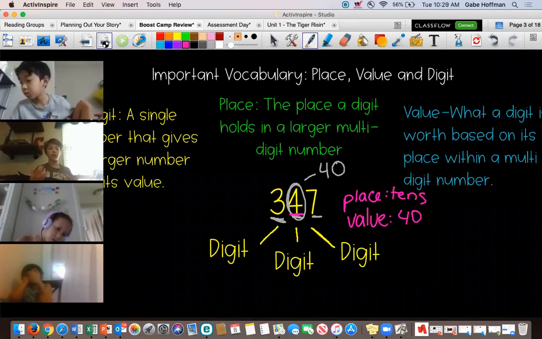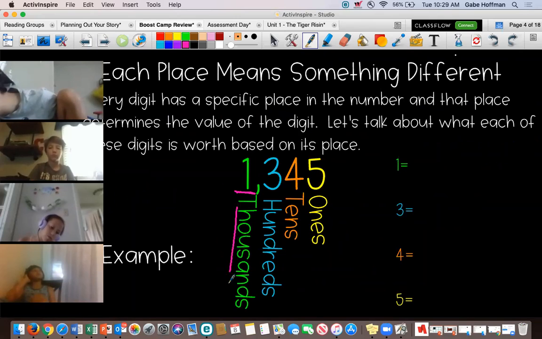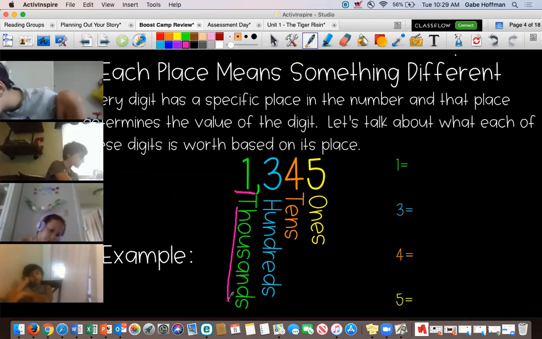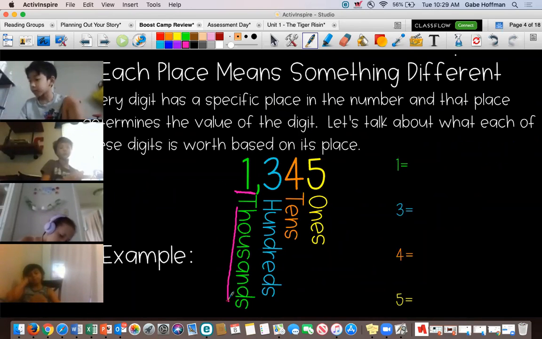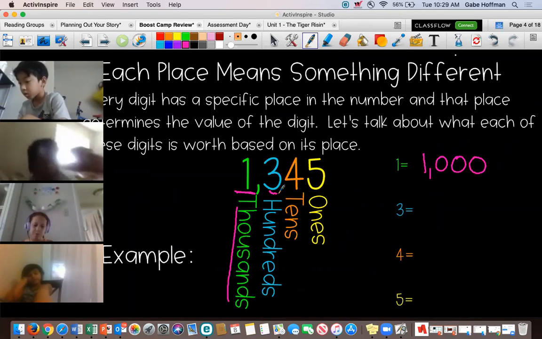So then looking at our next number, this 1, it's in the thousands place. What's the value? Anyone can unmute and tell me. 1,000. Yep, 1,000. And what about the 3?